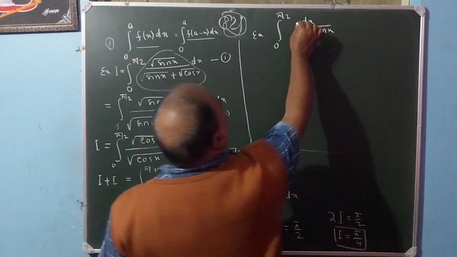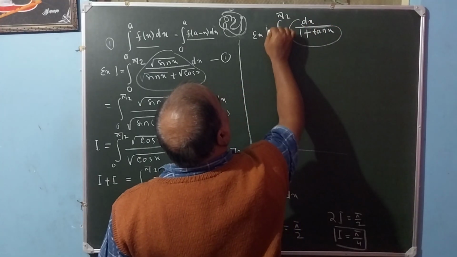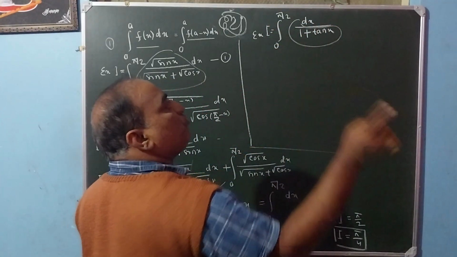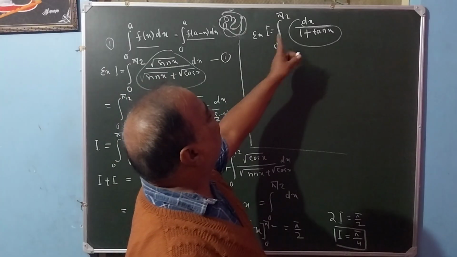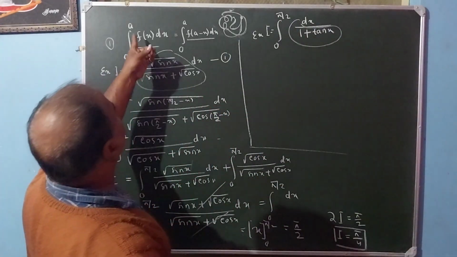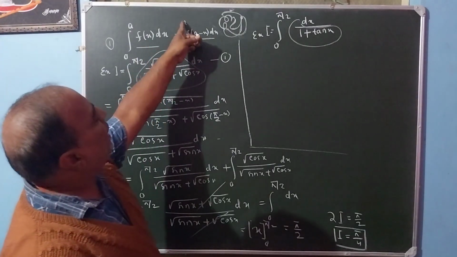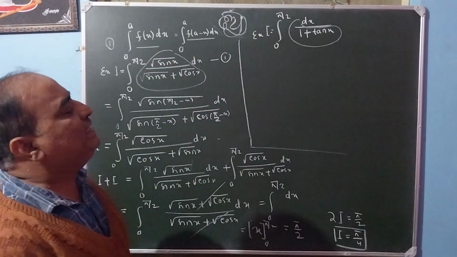Here it is f(x). Call this I. Whenever you have to shift x, it is replaced by pi by 2 minus x. Applying this formula, 0 to a f(x) dx is equal to 0 to a f(a minus x) dx.